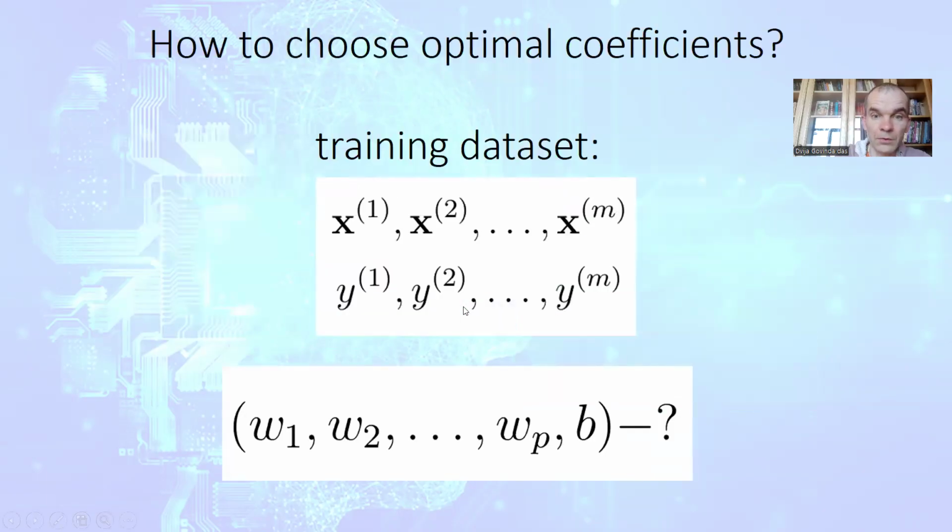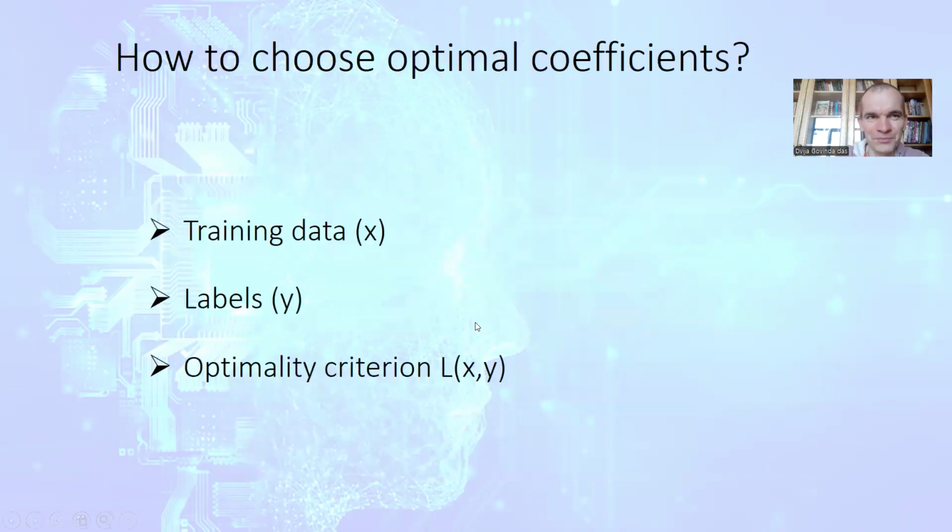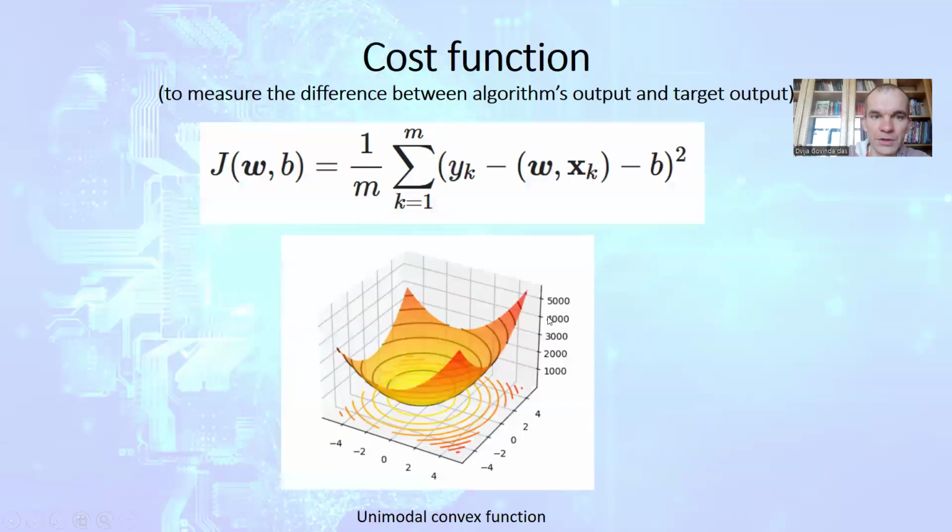So, how to choose these coefficients, these parameters? Maybe this slide should precede the previous one. It would be more appropriate. So, how to choose coefficients? Of course, we must have training data. We have to have labels y, or target values, and we have to define an optimality criterion.